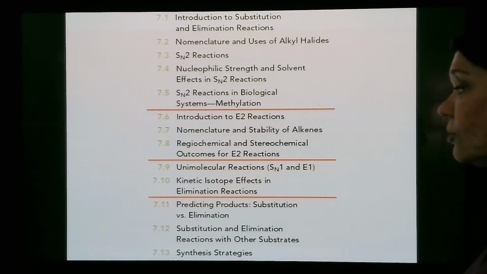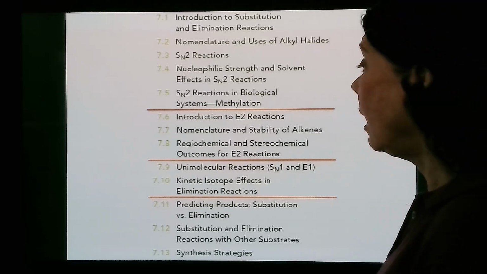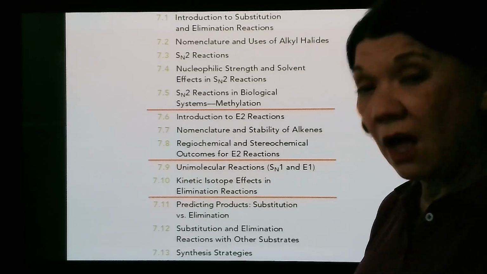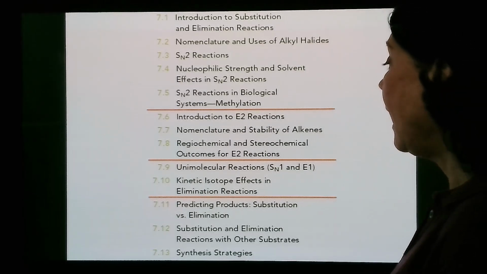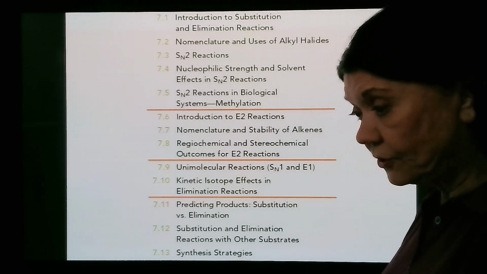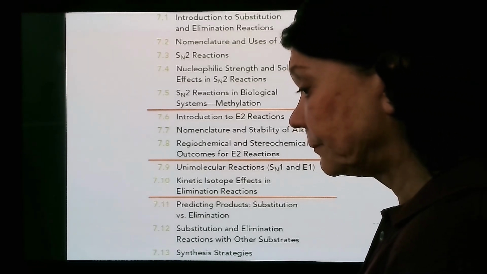Section 7-9 is the largest section in the entire chapter, and we're going to spend a lot of time on that, and very little on 7-10. So let's get into it now.